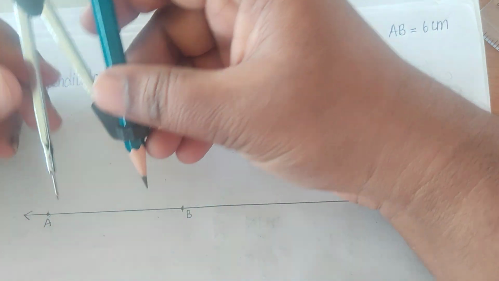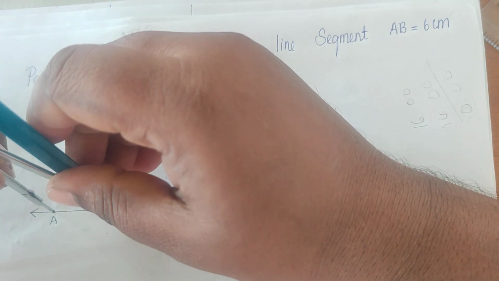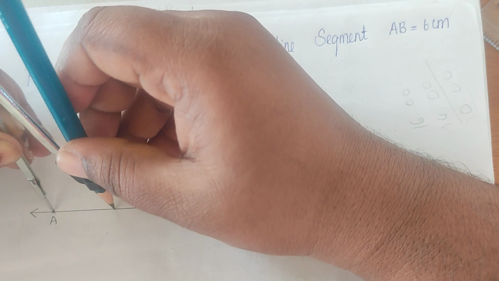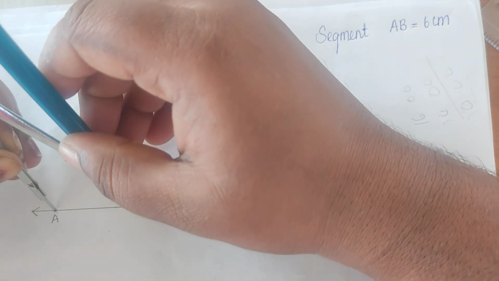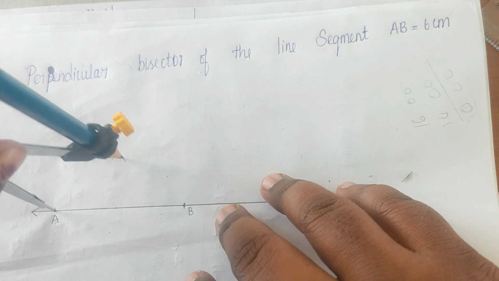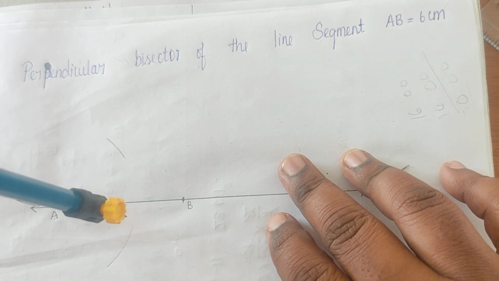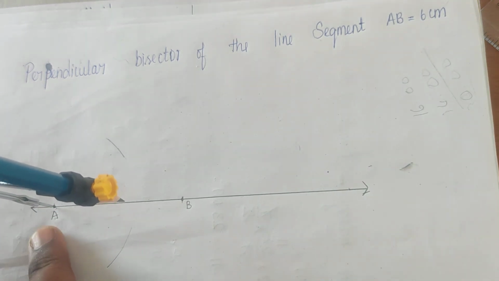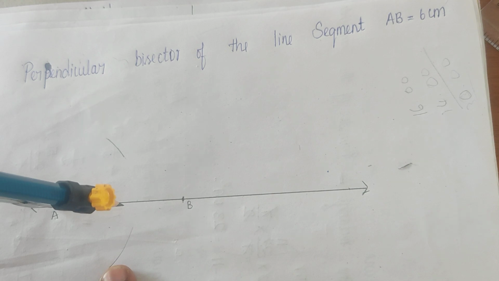We take more than half, and with A as center we cut above AB and below AB.